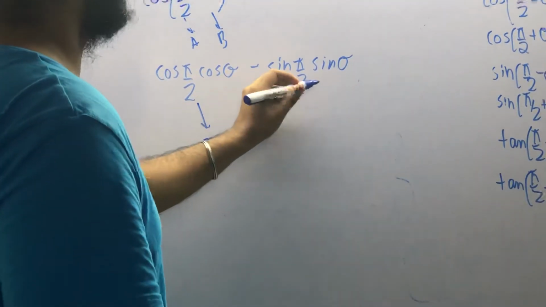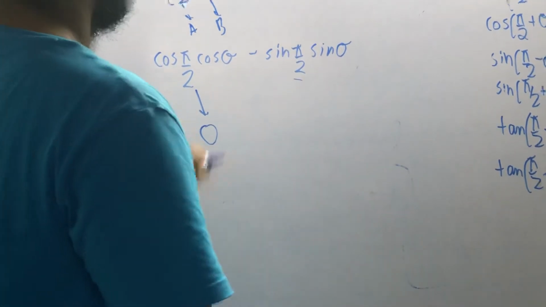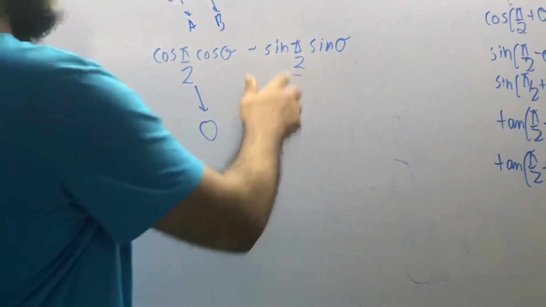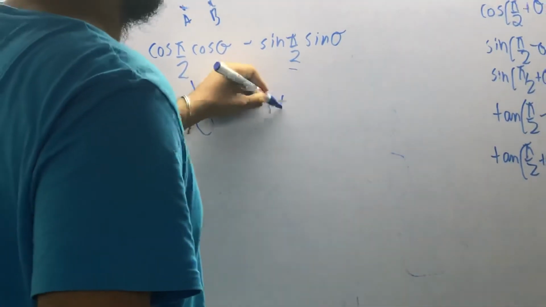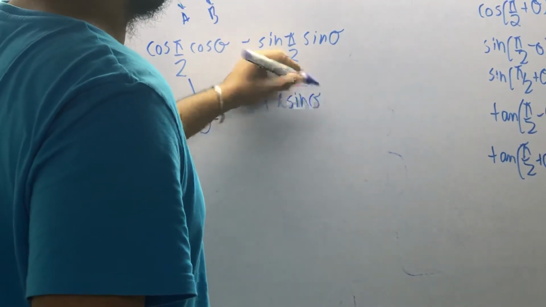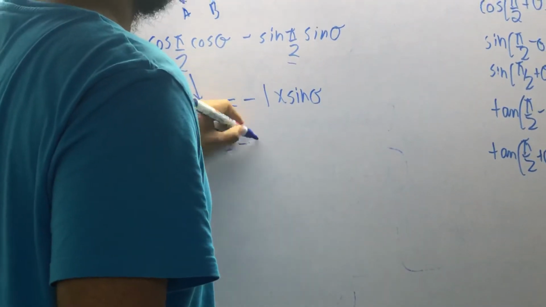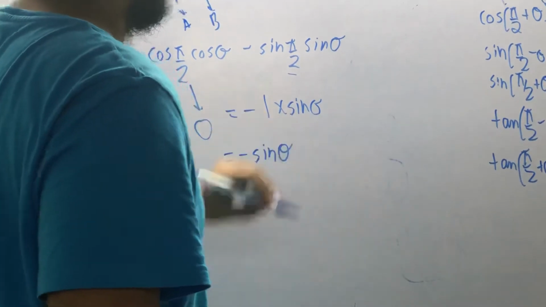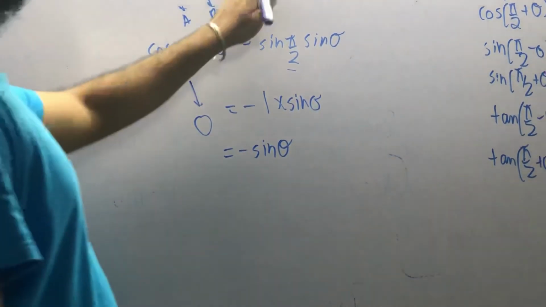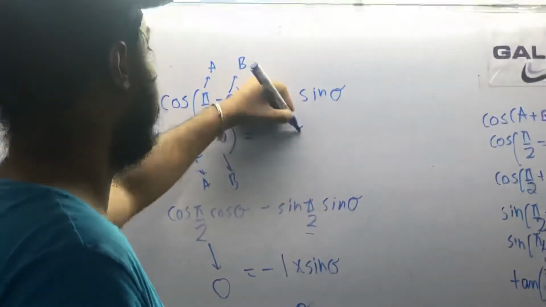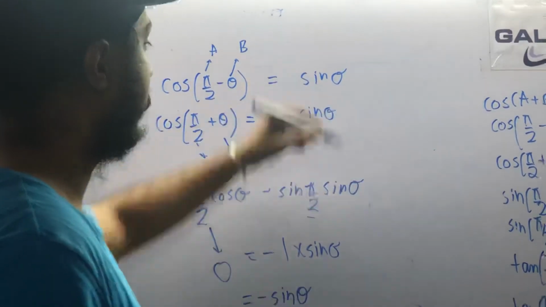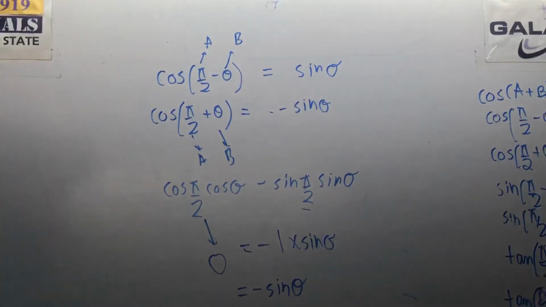This is sin pi by 2 sin theta. So sin pi by 2 is 1. So answer will be how much? Minus sin theta. So the fourth identity is cos(pi by 2 plus theta) is minus sin theta.